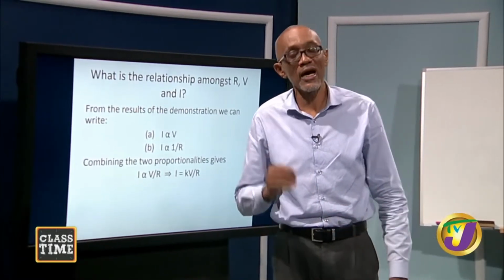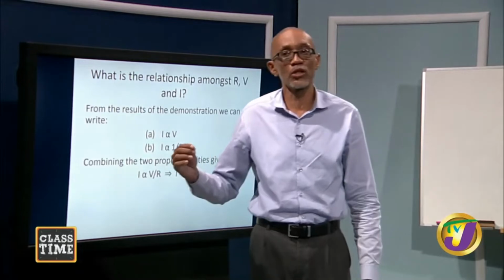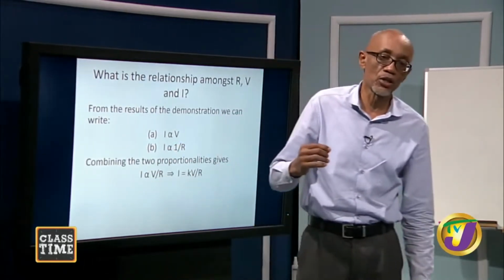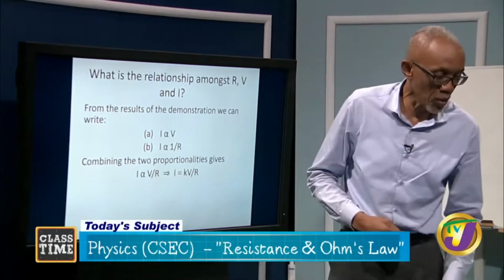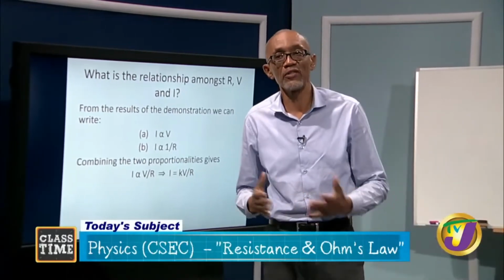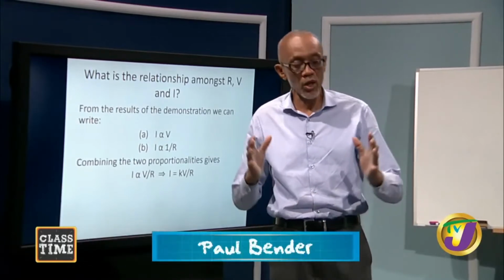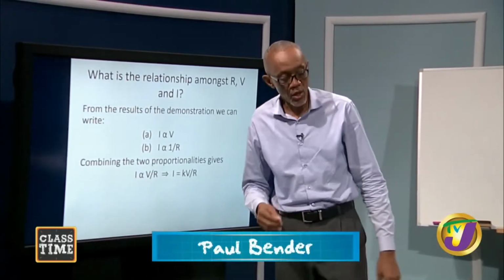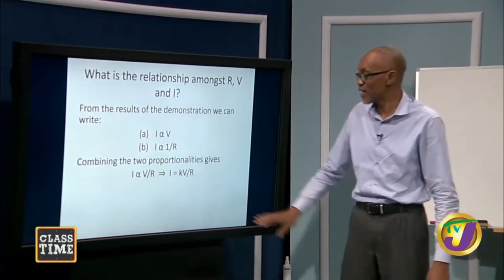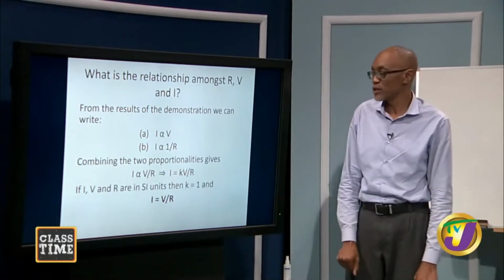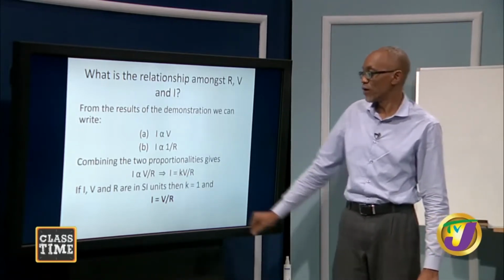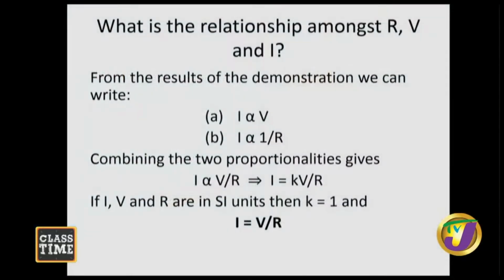Remember we said that acceleration was directly proportional to force, and acceleration is inversely proportional to mass, and that is how we came about our relationship F equals ma, because we combined those proportionalities. When we use everything in SI units, the constant of proportionality K is equal to 1. So if I, V, and R are all in SI units, then K is 1, and we can write that I is equal to V over R.